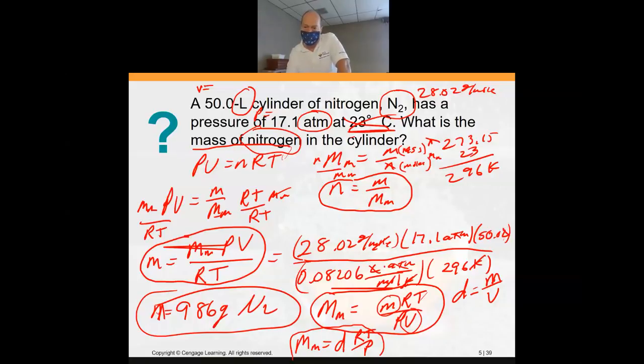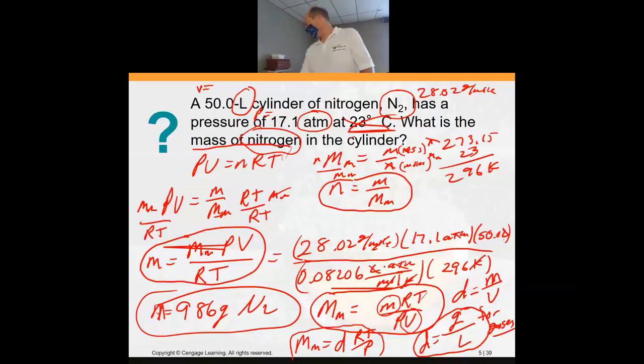Note here that mass is in grams and volume is in liters. And so your density of a gas, just like we did density of solids and liquids, which was in grams per milliliter, when we're doing density of a gas, our units for this class are going to be grams per liter. So this is density for gases.